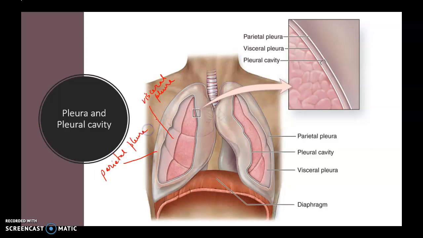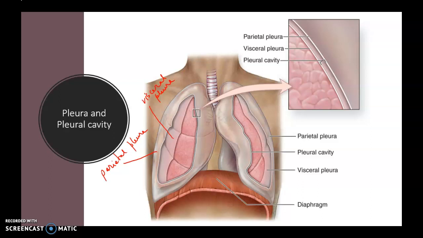So, the lungs are surrounded by a double-layered serous membrane called pleura, and the layer that touches the surface of the lung, or the inner layer, is called the visceral pleura. The outer layer that lines the body wall is called the parietal pleura.